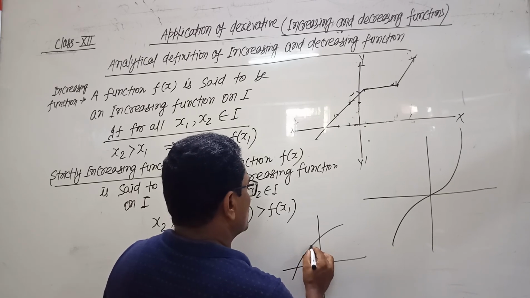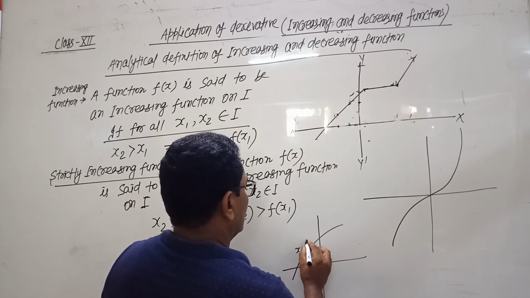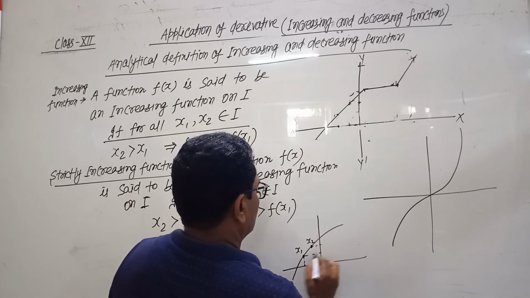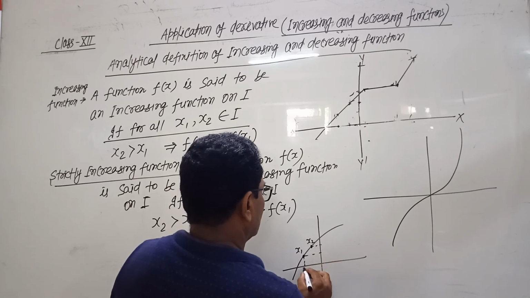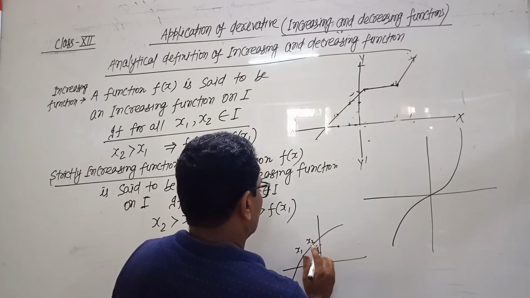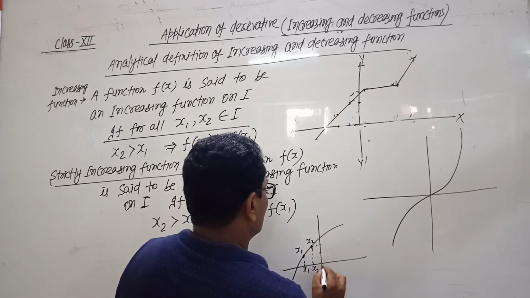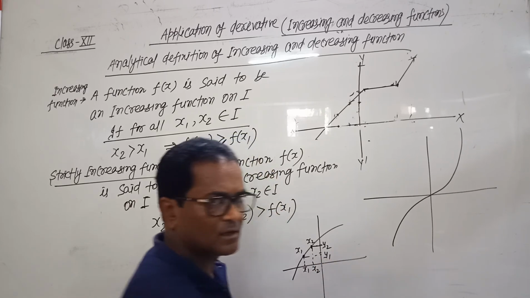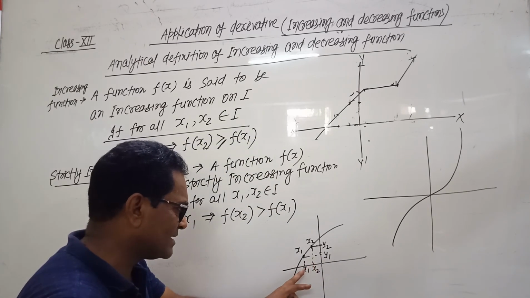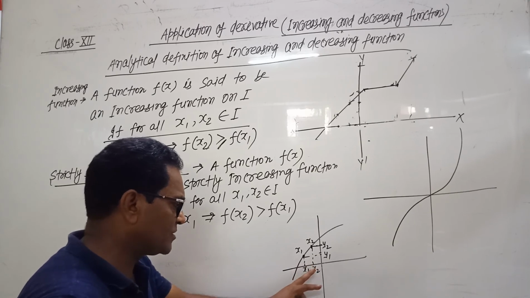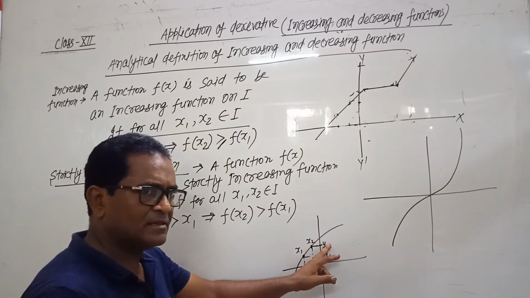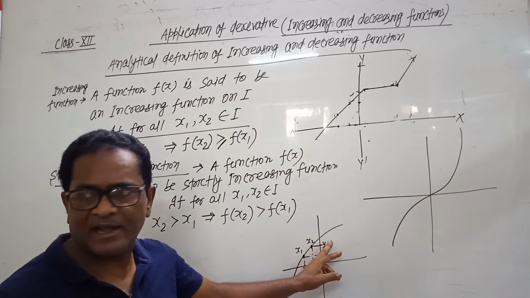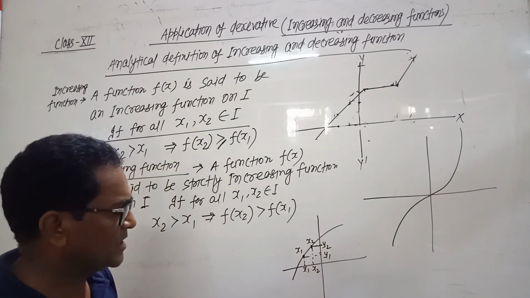Let us take any 2 points, x1, x2, and this is y1, this is x1, this is x2, and this is y2. So if x2 is greater than x1, then y2 is greater than y1, or y2 can also be written as f(x2) is greater than f(x1).